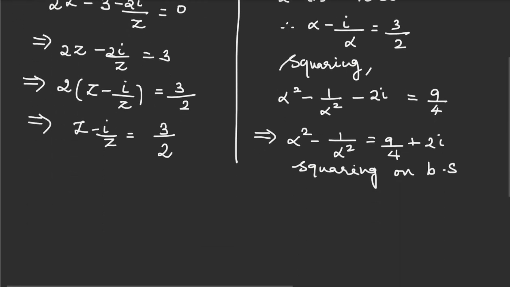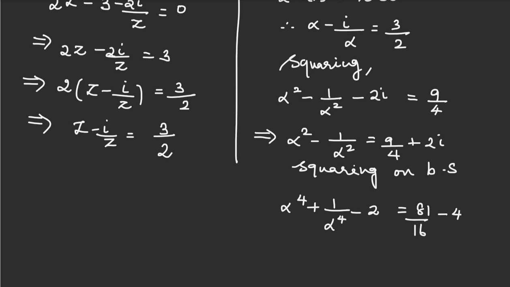We get alpha power 4 plus 1 by alpha power 4 minus 2 is equal to 9 by 4 plus 2 iota the whole square, which is equal to 81 by 16 minus 4 plus 9 iota.